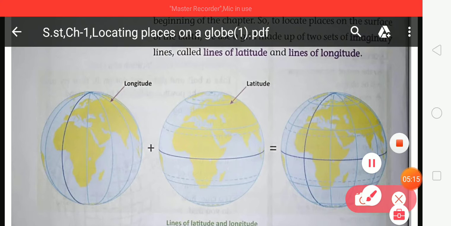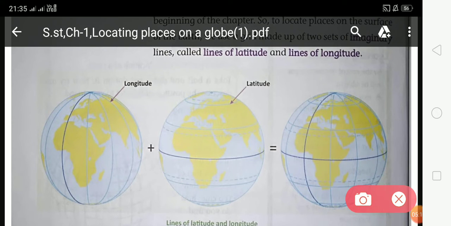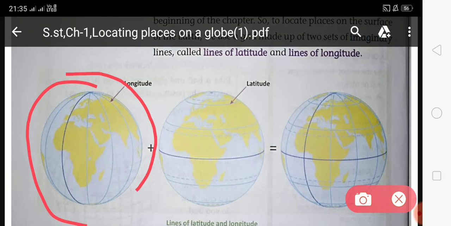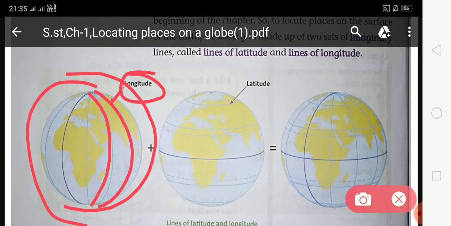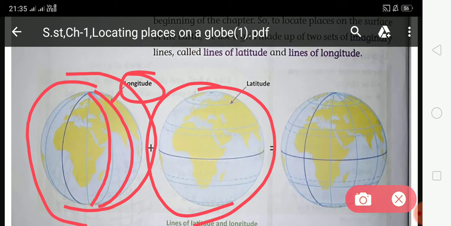First of all, look at this figure. This is the picture of a globe, and the line going from north to south is known as longitude. Next, the lines which go from east to west, and this is the equator.